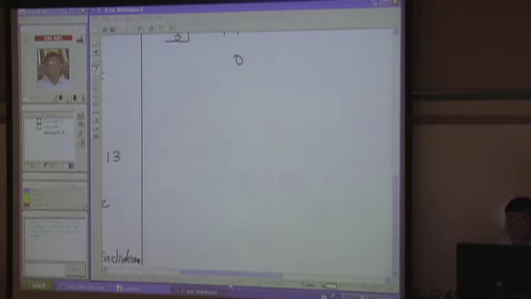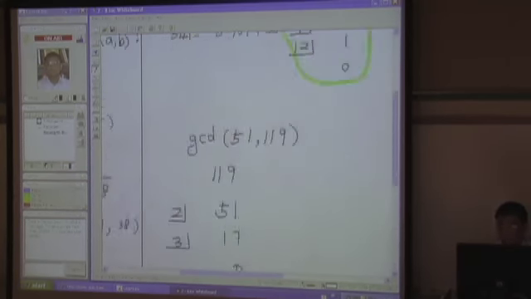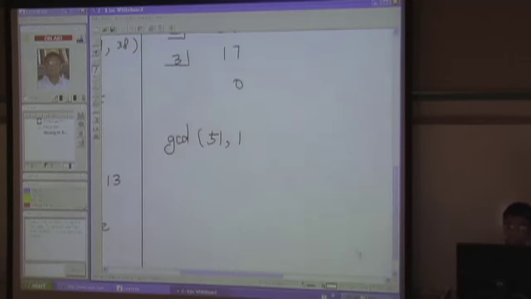Then, why do we care about this thing? I will solve the problem. GCD of 51 and 119 is 51 multiplied by some number plus 119 multiplied by some number.